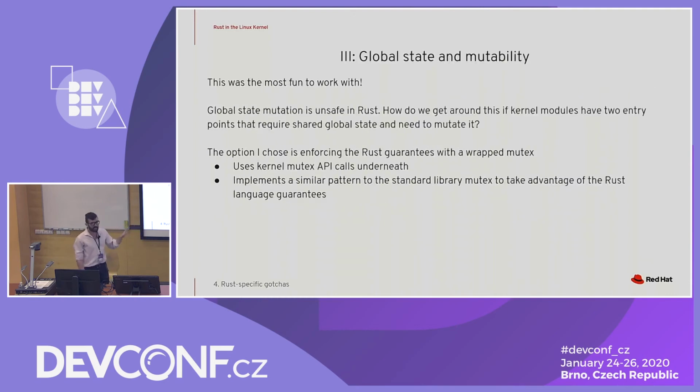So this was the most fun part. Really what we're going to do here is say, how can we get idiomatic Rust out of everything that we've built on top of? So one option that I chose for providing a safe interface to global state mutation is that I designed a mutex that has a similar pattern to the standard library and wraps the kernel mutex functionality.